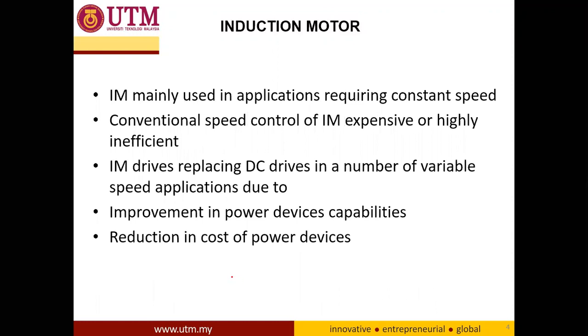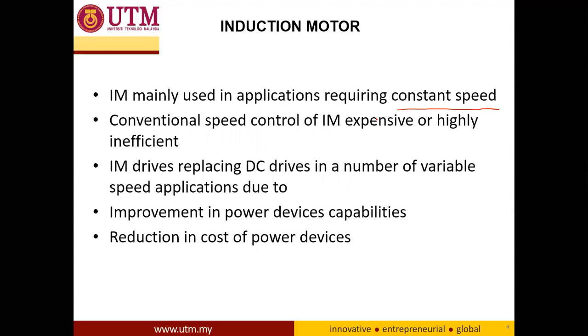Okay, and actually, typically around 40 years ago, induction motors were mostly used for applications that required constant speed. Why constant speed? Because at that time there were no power electronics converters that could be used to control the frequency.